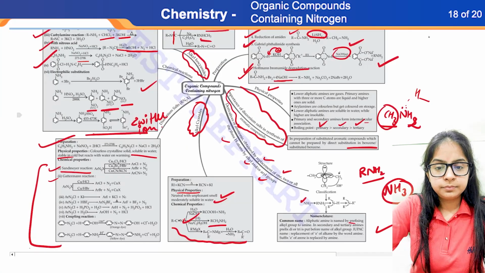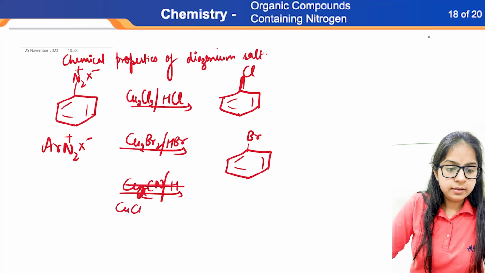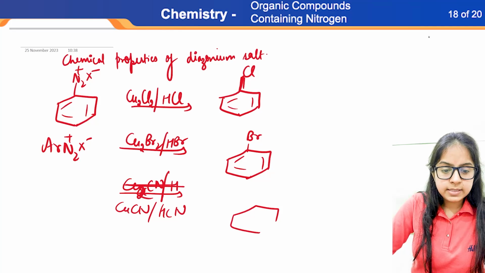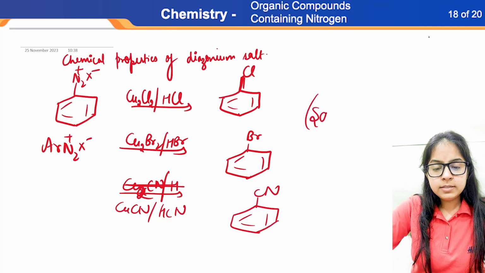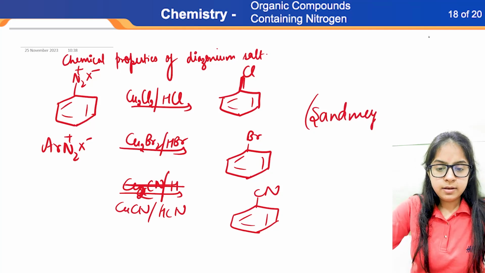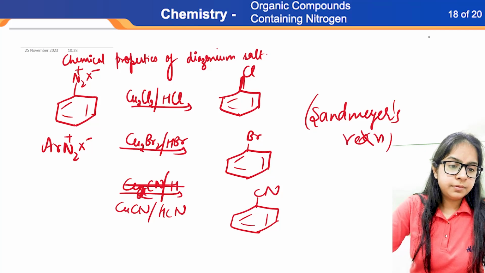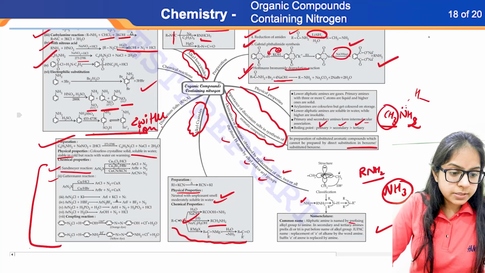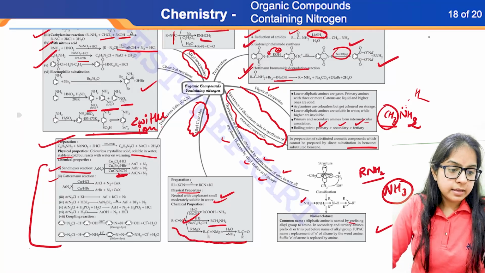Remember, CuCN HCN, you will get CN. This is Sandmeyer reaction. In the Sandmeyer reaction, you need to choose Cu2Cl2 kind of structure. In the presence of no HCN, here you need to take KCN.